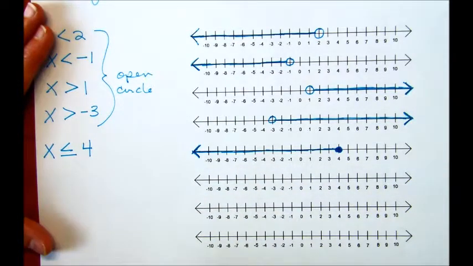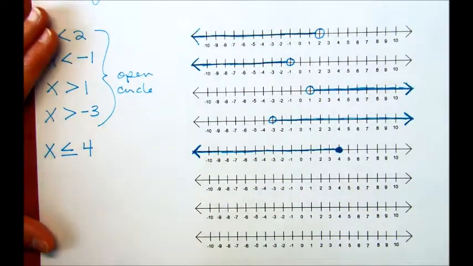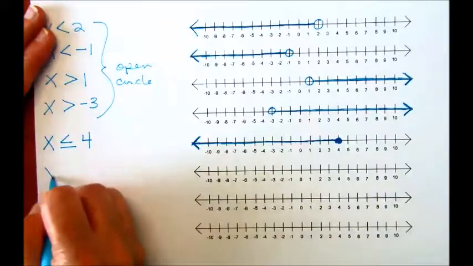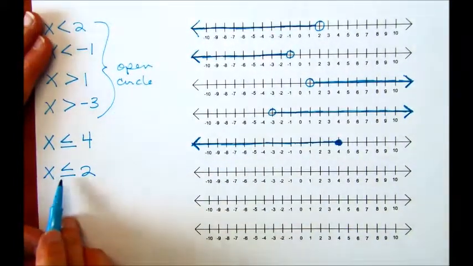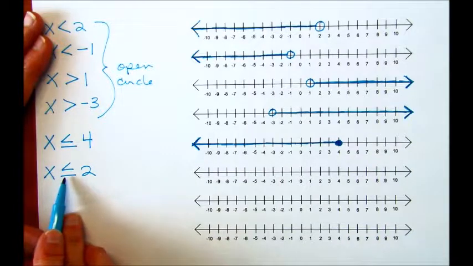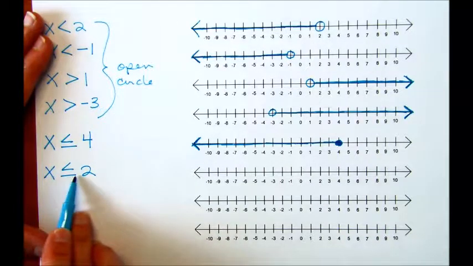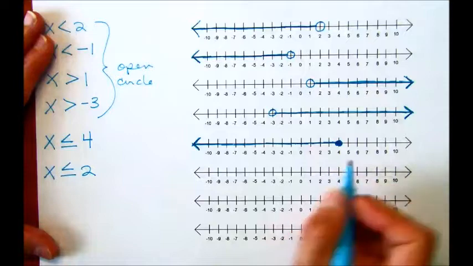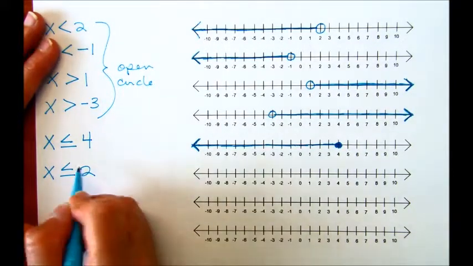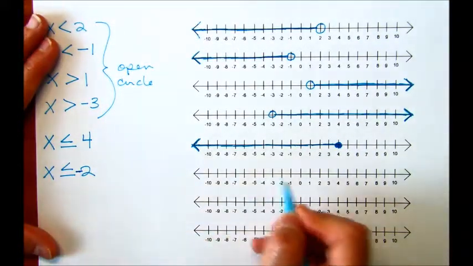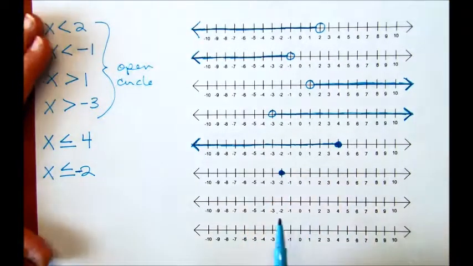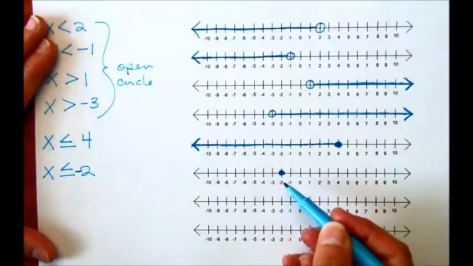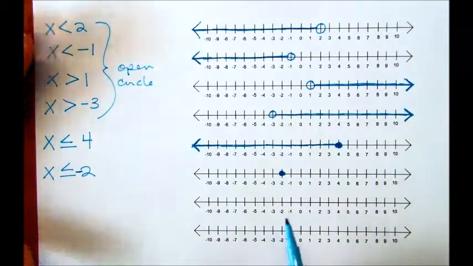Okay, let's do another one like that. Let's say x is less than or equal to -2. So I'm going to find -2 and color it in because this is my equal to. Any number less than -2 is going to go in this direction.